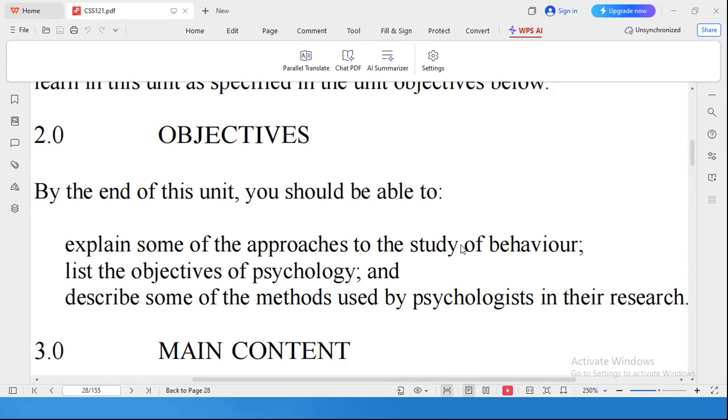Develop theories to make sense of it. Number 3, to predict behavior. If A happens, a person will likely do B. Number 4, to control and or influence behavior. Help people change for good.